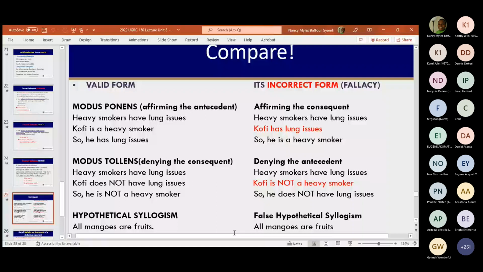Second note, you are still doing modus ponens, the first valid form. The difference with this conditional is that both the antecedent and consequent are negated. They come with negations in them, but the rule doesn't change. So just apply the rule you know. How do you develop it using Kofi?